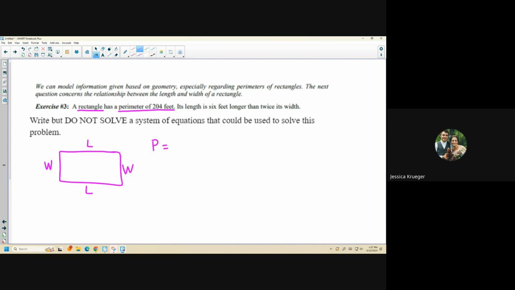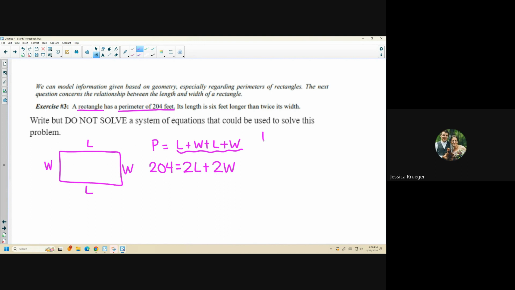So the perimeter equals L plus W plus L plus W. Well, they tell me the perimeter is 204. So I'm going to say 204 equals, and then I'm going to simplify this side, 2L plus 2W. So there's my first equation.